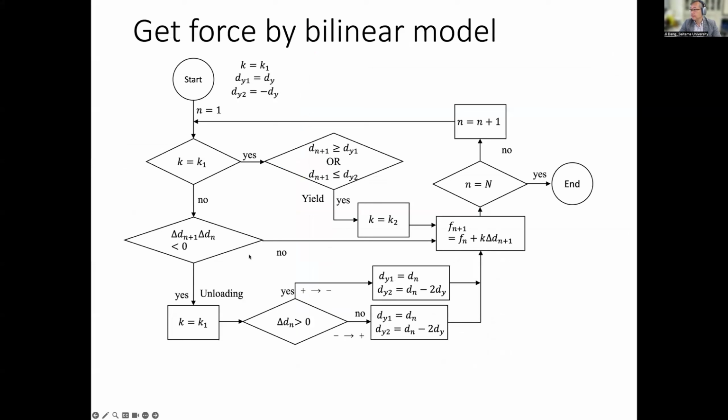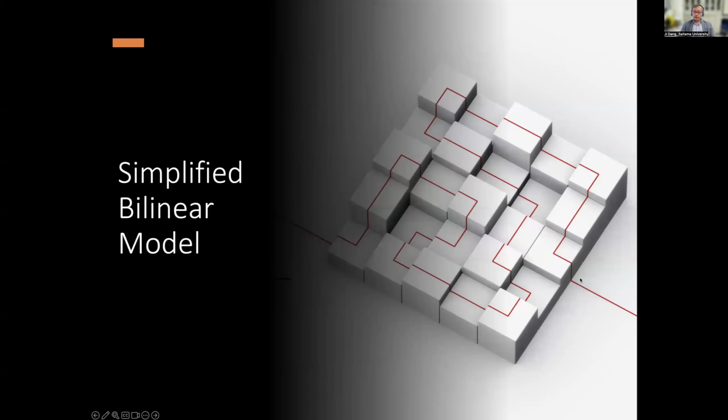So if you didn't follow the program, don't be worried, because we're going to teach you something better, a simplified bilinear model. The bilinear model we teach you here is one of the very fundamental step-by-step ways to do that. There are a lot of models based on the bilinear model.